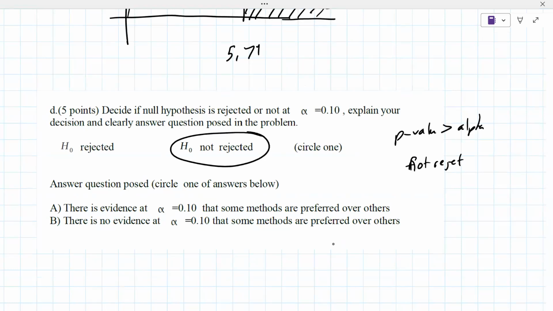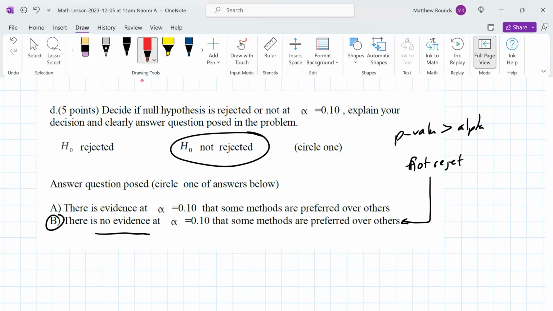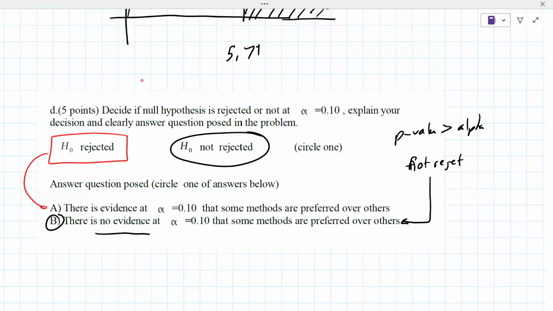And then not rejected always goes with the "not evidence" wording. If it was rejected, which it's not, that would go with the "there is evidence" wording. Okay, I see. There's kind of a pattern to that.